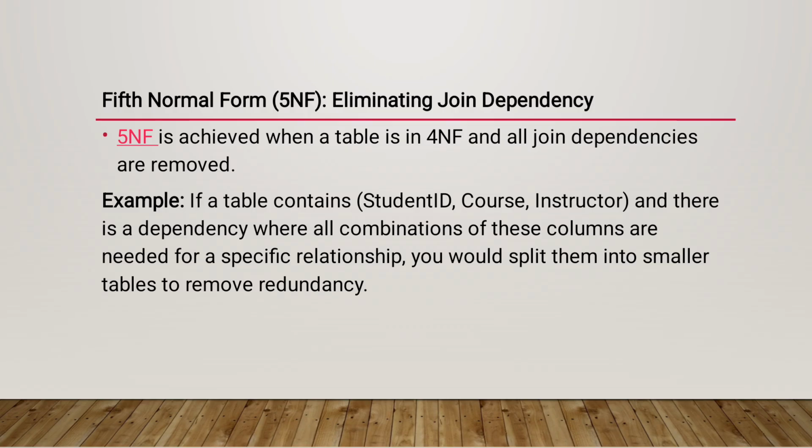Example, if a table contains student id, course, instructor, and there is no dependency, all combinations of their columns are needed to specify this relationship. That is, you would split them into smaller tables to remove the dependency. These are the types of normal forms.